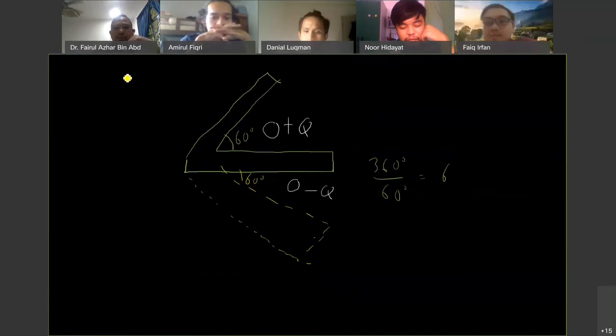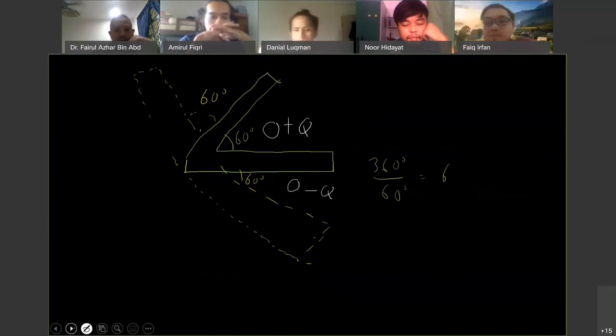Maybe we need to add another one here, so please check the angle. This one will be 60 degrees. On this side, we will have another charge, negative Q, for example.